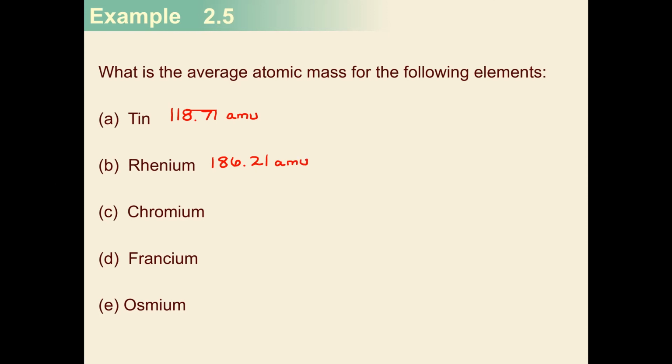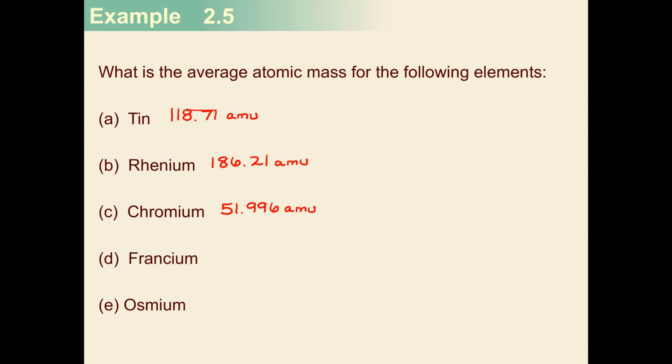So let us go and find chromium. Chromium is a transition metal located in the first row of the transition metals, and it has a mass of 51.996 AMUs.